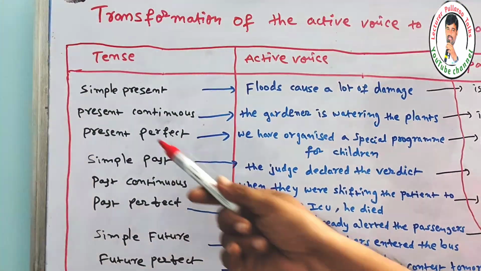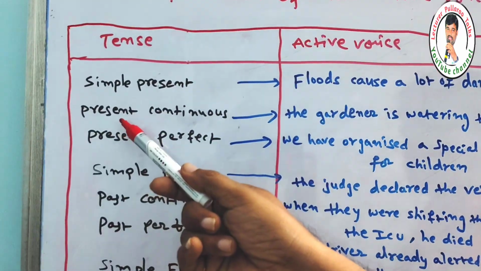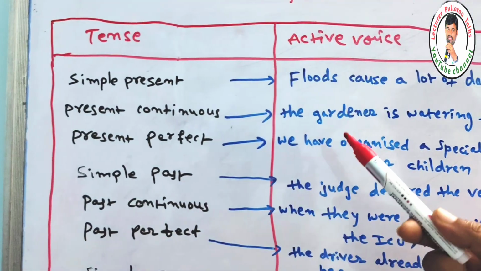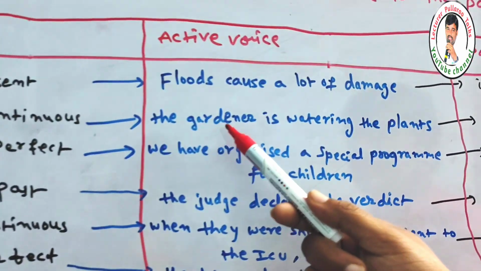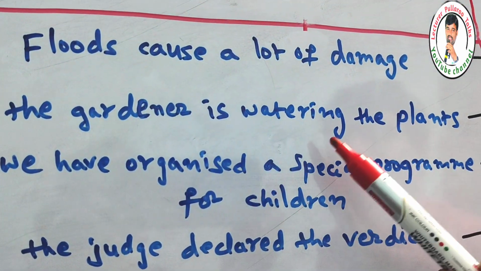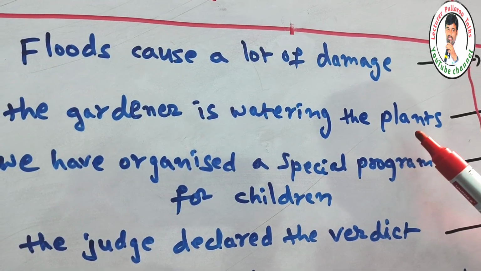Next, present continuous. See this example. The gardener is watering the plants.